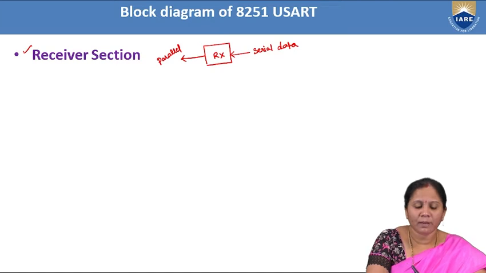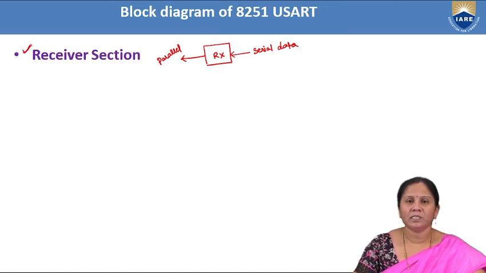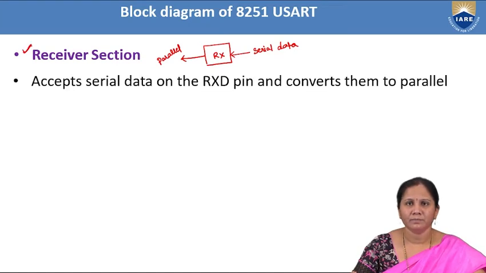So this is what happens at the receiver section. This receiver section accepts the serial data on the RxD pin and then converts it into parallel form.